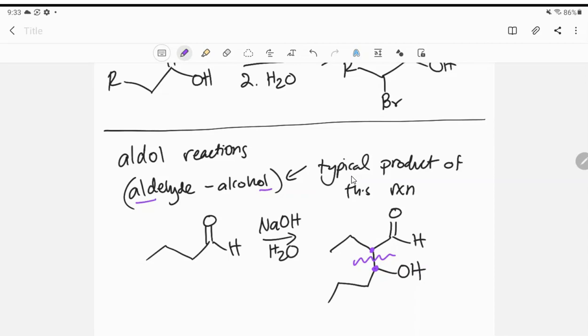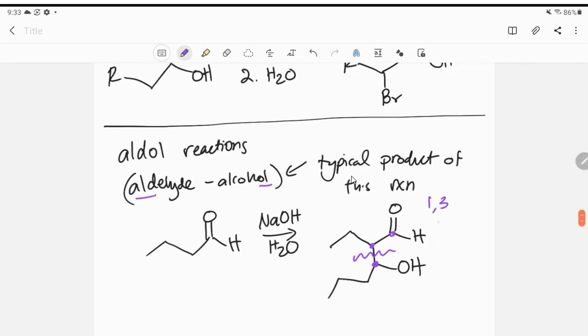That's kind of your clue. If you want to include the main carbon on the aldehyde, it's a 1,3 type of process. Aldehyde 1, alcohol on the 3rd carbon. So this is a 1,3. Am I going to call this an addition? Yeah, I guess I can say that. So we're going to add it to the beta carbon. The beta carbon will have the alcohol off of our aldehyde.